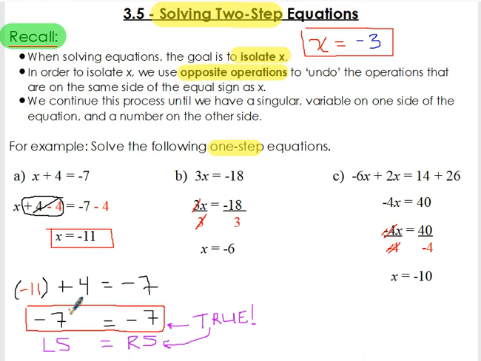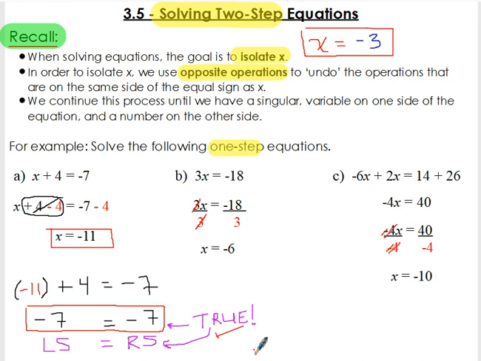Because that's true, we say left side equals right side, and we know we've gotten this answer correct because the math just told us that. That will happen for any of these equations if we check them. So maybe we can check this one.